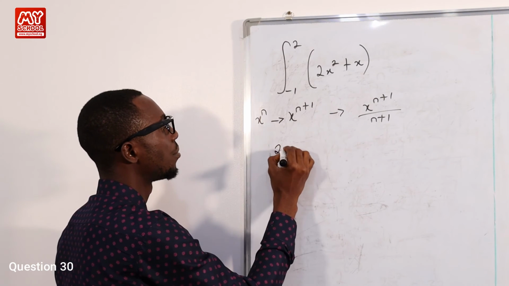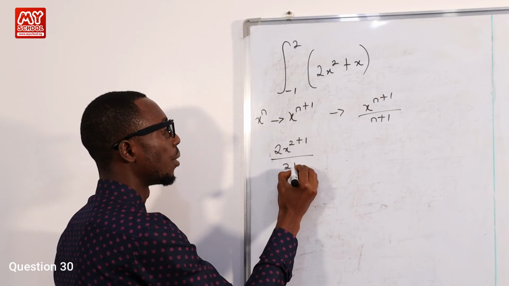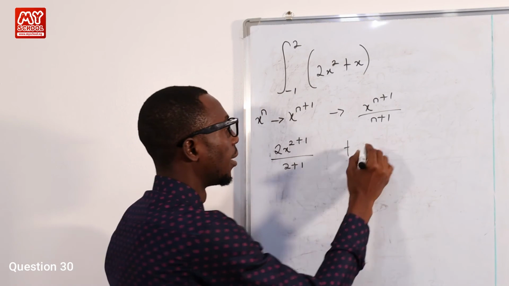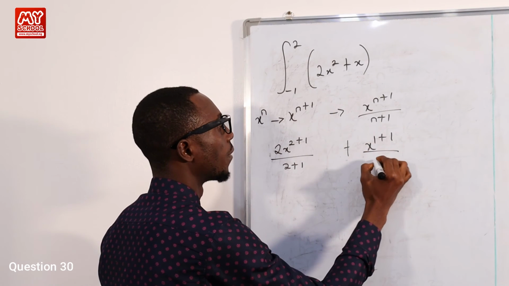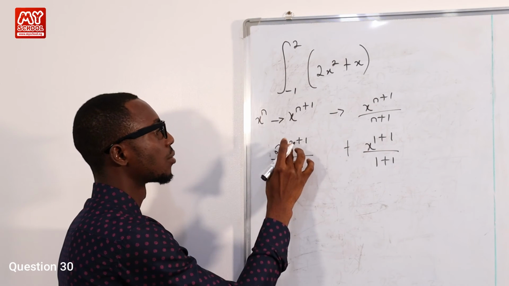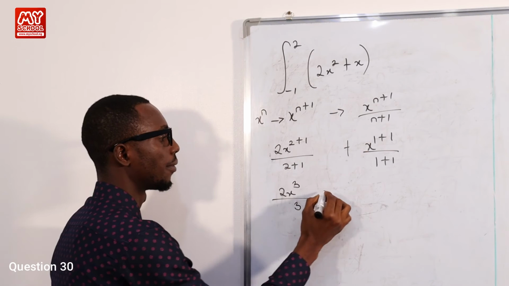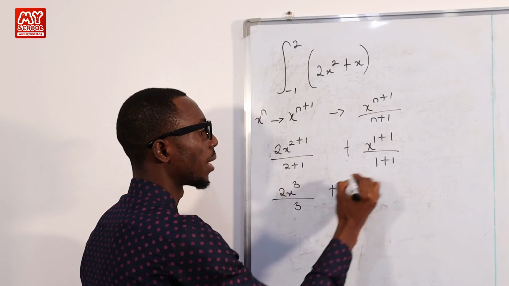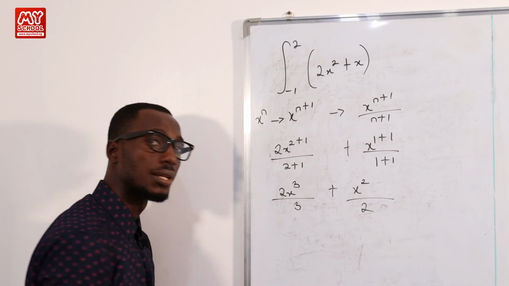So we'll have 2x raised to power 2 plus 1 over 2 plus 1, plus x, where our n is 1, so x raised to power 1 plus 1 over 1 plus 1. So we have 2x cubed, 2 plus 1 that's 3, over 3, plus x squared, 1 plus 1 that's 2, over 2.